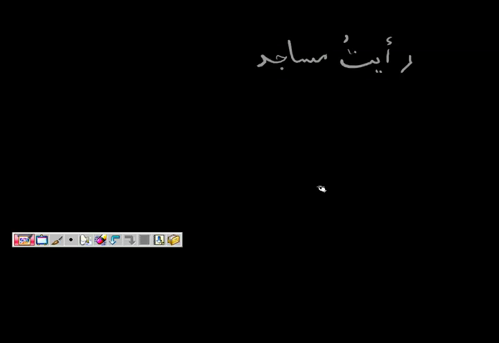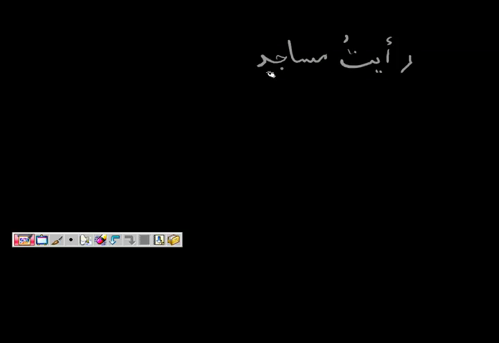So we know who did the seeing, and we're waiting for an object. The word that comes after it will be an object, maf'ul bih. What is the i'rab of an object? Mansoob. So this word will be mansoob.